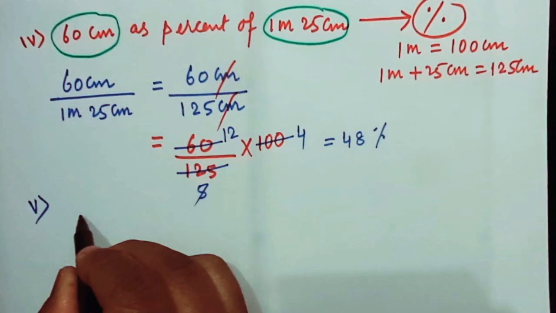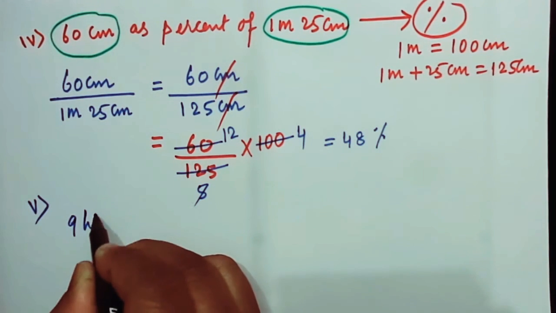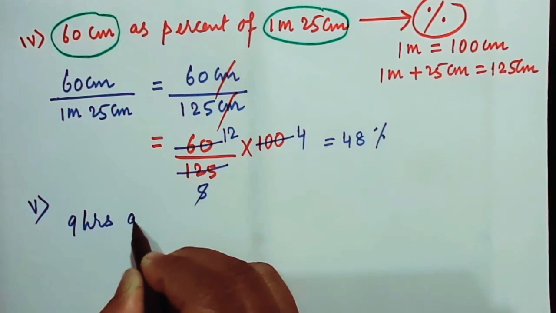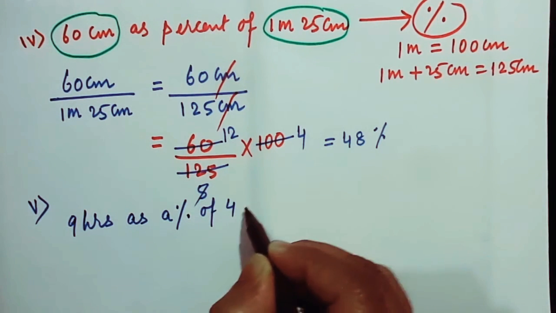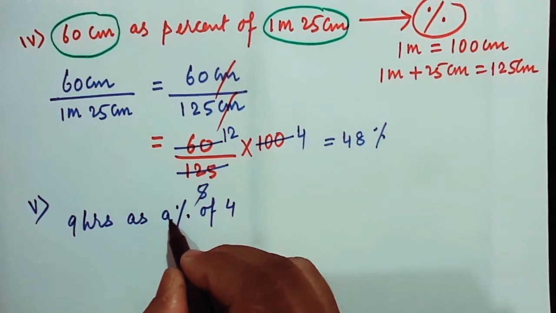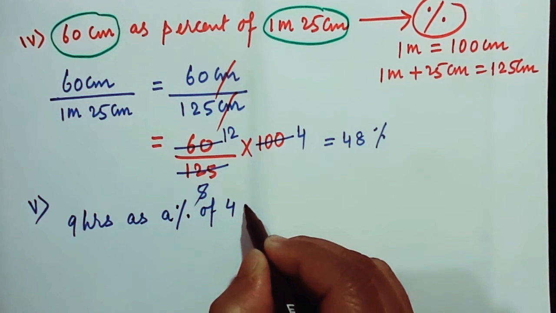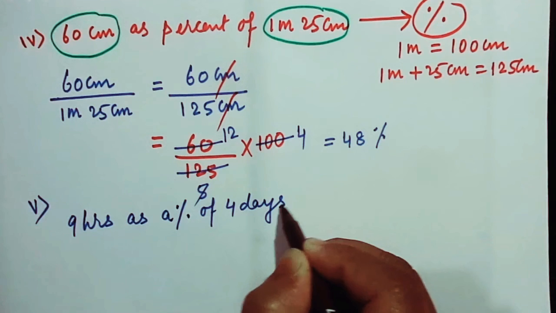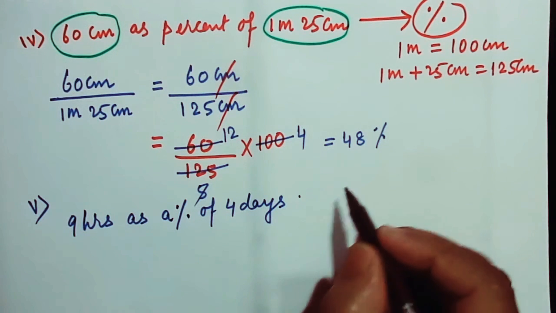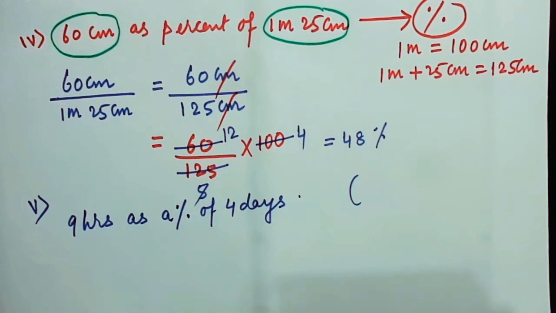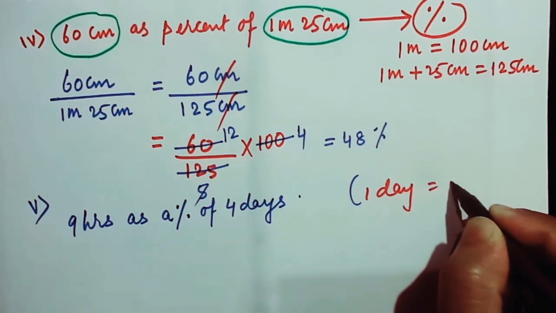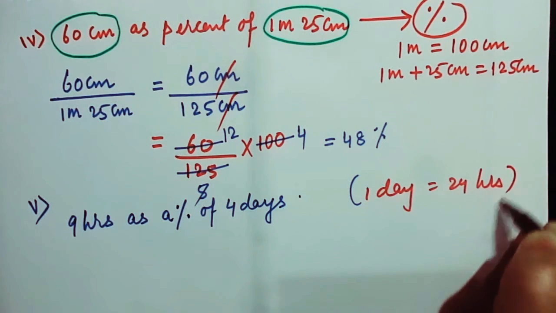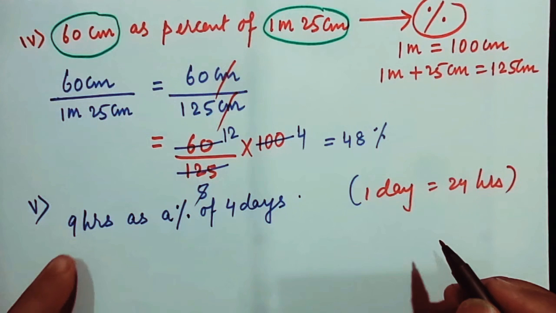Next we have 9 hours as a percent of 4 days. So naturally you should know this, that 1 day is equal to how much? 1 day is equal to 24 hours. Let's convert this into simple ratio.